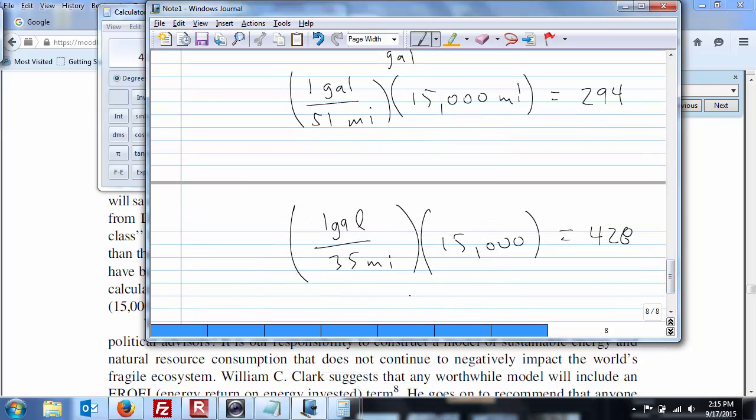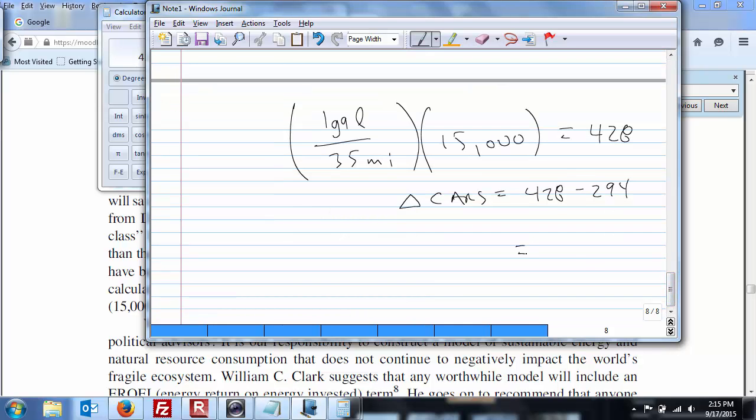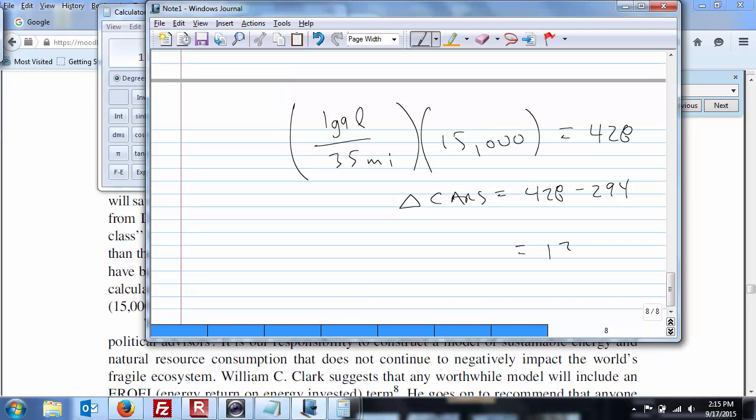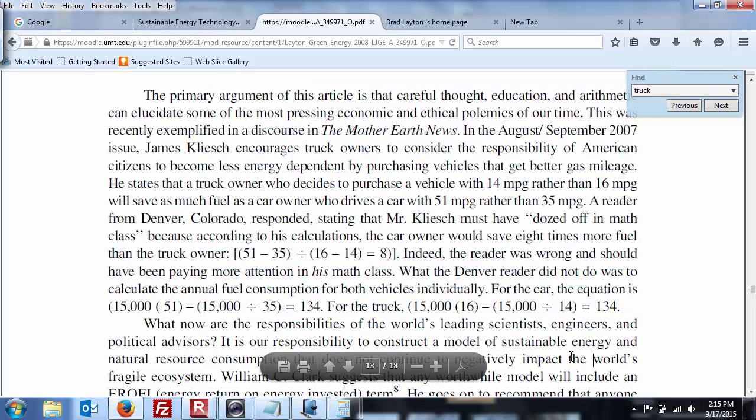So the difference in the cars equals 428 minus 294, which equals 134, 135. So that's where that number comes from.